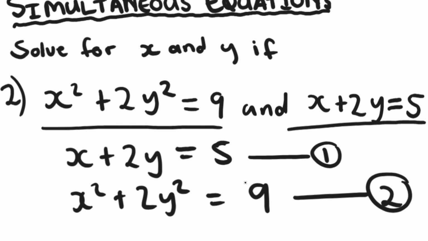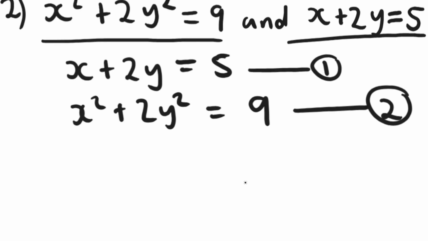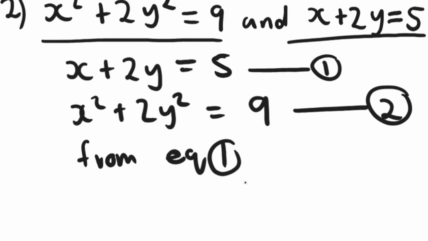It's easy to make the one that has coefficient 1 and exponent 1 the subject of the formula. So from equation 1, we say x is equal to 5 minus 2y.